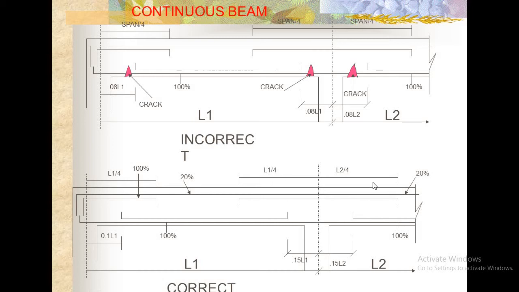Towards the L2 span, you need to extend it L2 by 4 like this. This is the correct way you need to follow for the reinforcement in the column beam junction. If you are not doing the bending up, you can provide the extra bar like this one. This is the correct method.